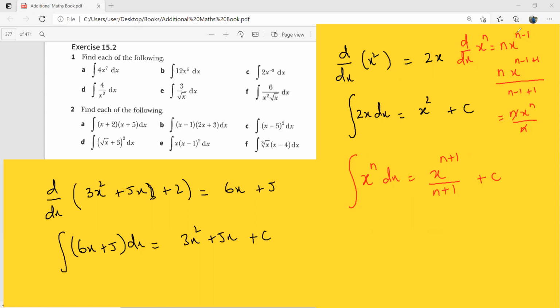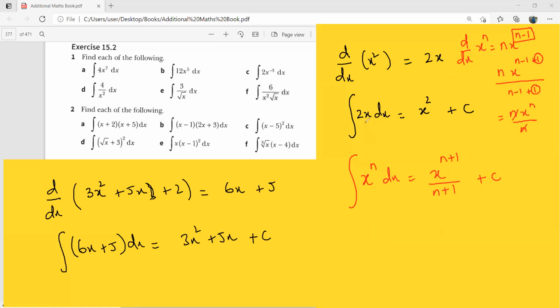So whatever the power you have here, right now this was the power n minus 1, you add 1 to it and divide by the added power. So whatever was differentiated, that expression is brought back, okay?